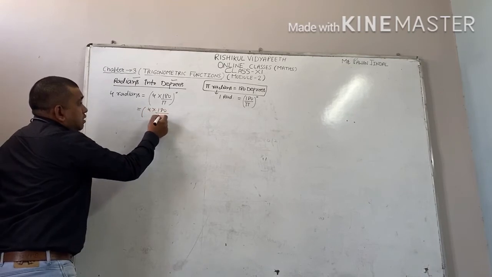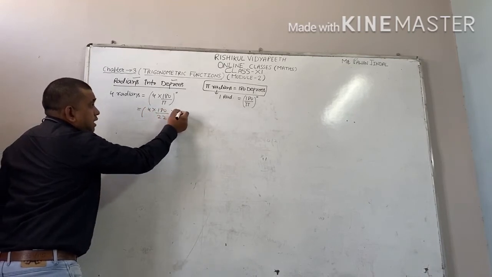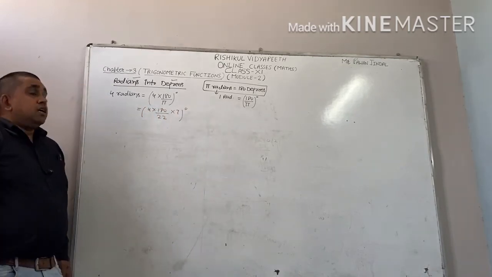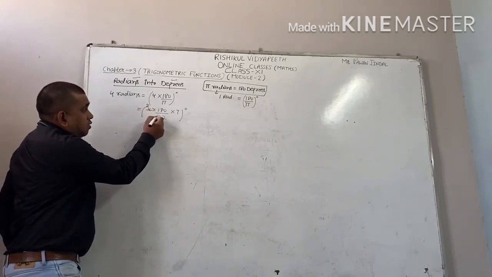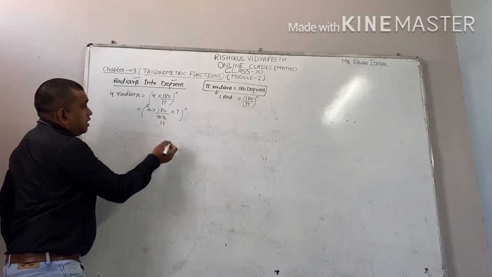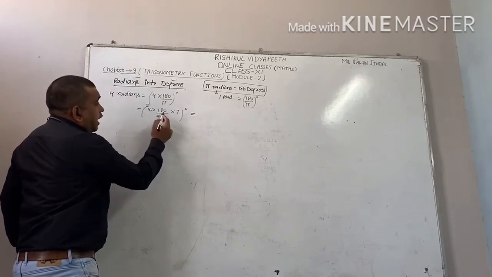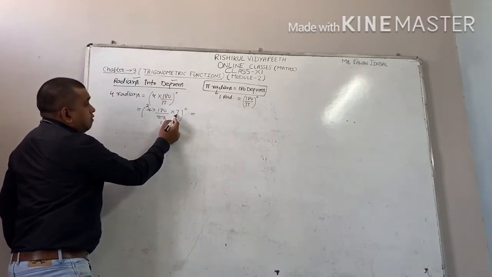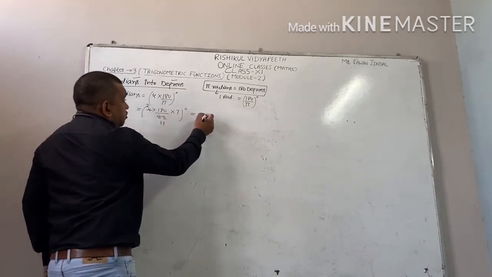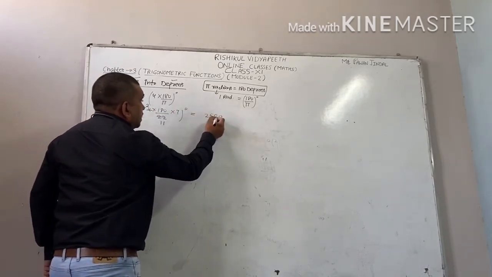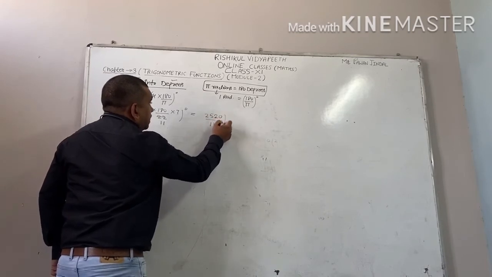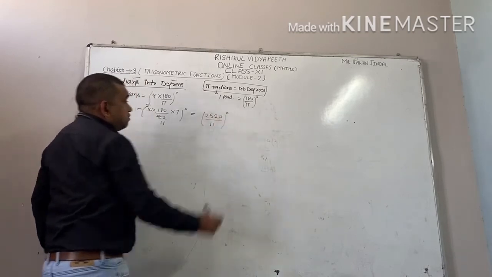Value of pi is 22 upon 7. This much degrees. Now simplify this one. 2 2 ja 4, 2 11 ja 22. Now this will become 18 into 7, 126. 126 into 2, 252 and this 10 as it is, upon 11 degrees.